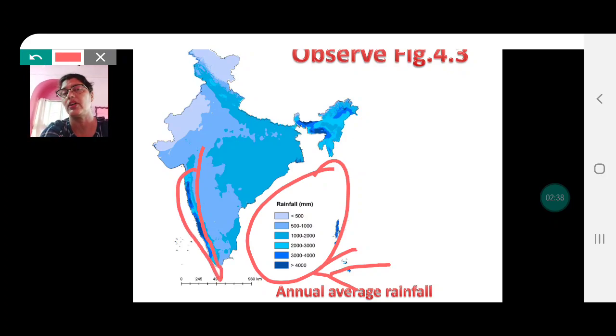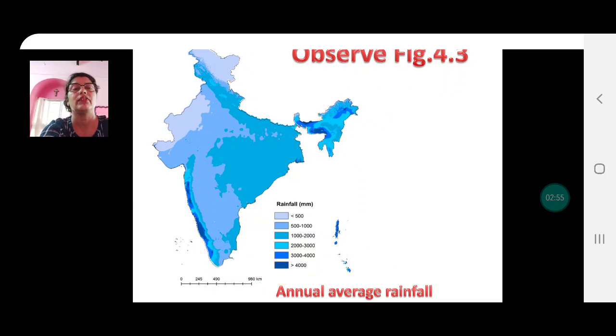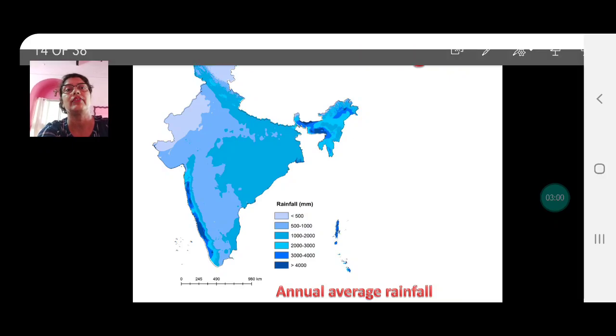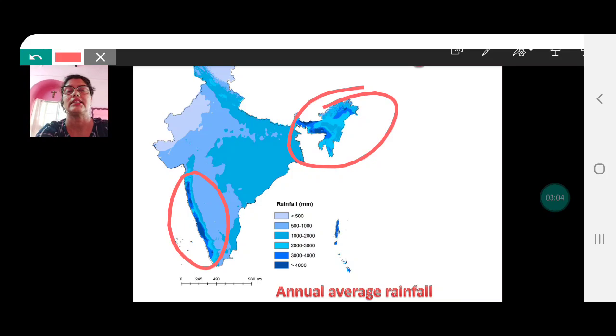It could also be called the western coastal region. What about on the eastern side? Here in Meghalaya, here a little part of West Bengal and Assam, you also find regions with more than 4,000 millimeters of rainfall. And therefore, the regions receiving more than 4,000 millimeters of rainfall are the western coastal regions and the northeastern region.